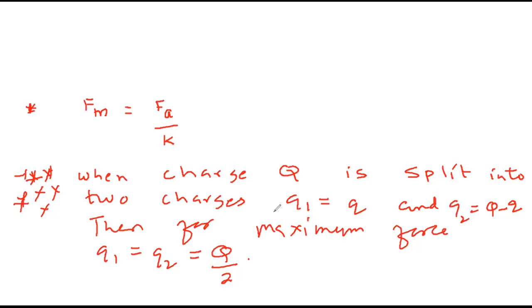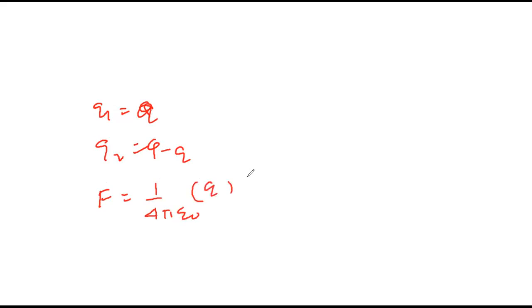Done, sir. Now let us check how it is Q by 2. Same way as I told in gravitation, masses m1, m2 will be total mass upon 2. See how we get Q by 2. If Q1 is small q, and Q2 is total charge minus small q, the force between them is 1 upon 4 pi epsilon naught times q into Q minus q upon R square.